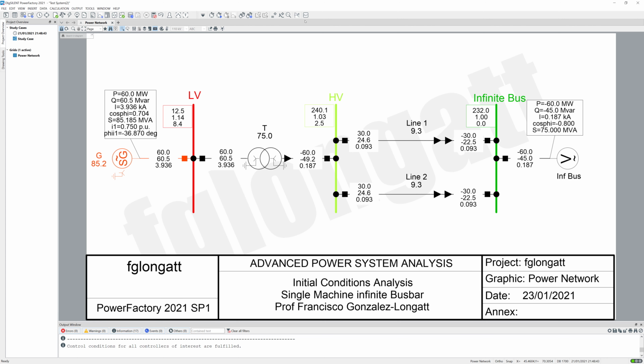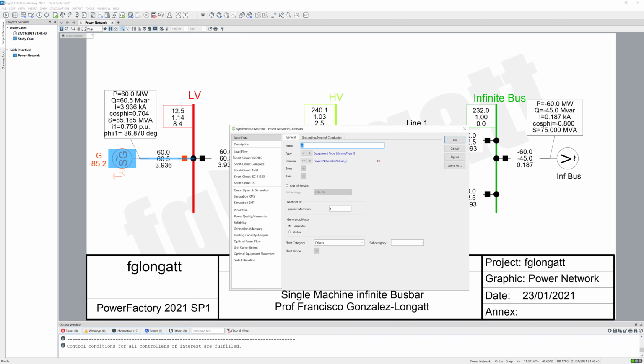But for power system dynamics, the situation is a bit more complex, okay? Especially because you need to be familiar with and understand the models, okay? And here in this system, the most important device that is producing power system dynamics is the synchronous generator, okay? For that reason, I open here.